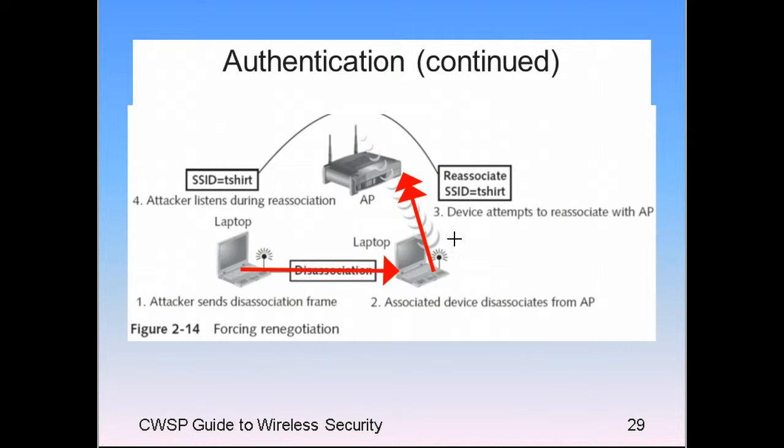When it reassociates, it's going to have the SSID in plain text so that we can then detect what its name is if it's turned off. So there are a number of ways to get that information.